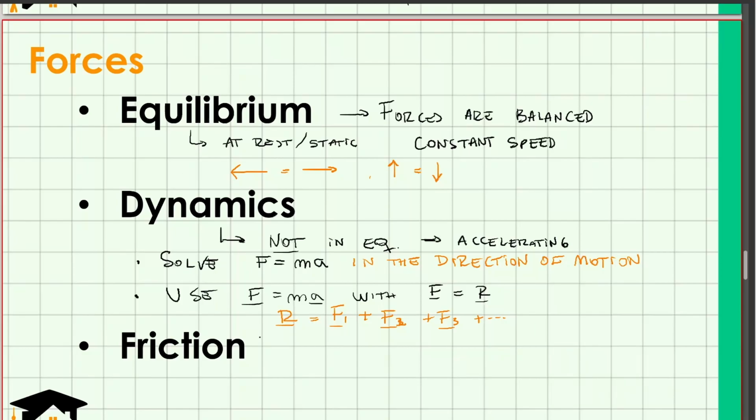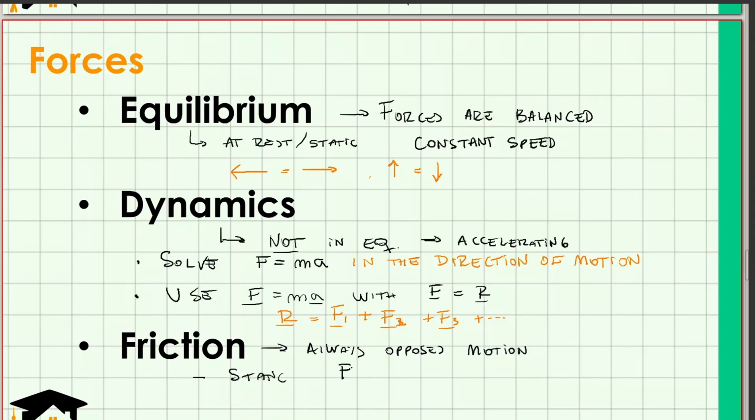And lastly, let's talk about friction. Friction always opposes motion. And so we can have two situations. Static. So static means there is no movement, everything is in equilibrium, and in this case the friction force is always smaller than or equal to mu times R, where R is the normal reaction.